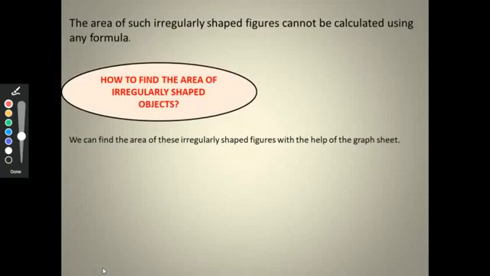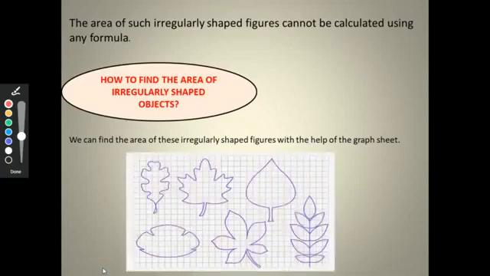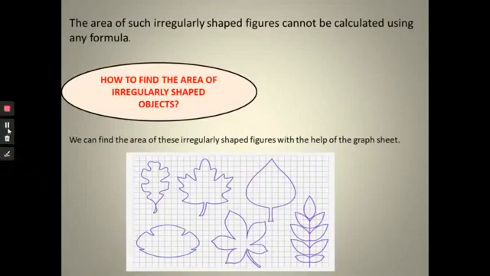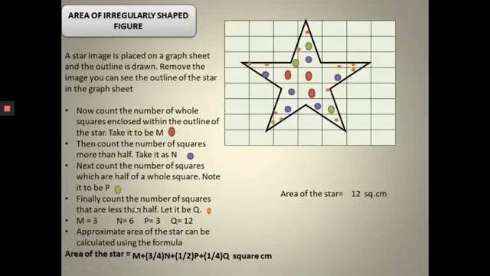We can find the area of these irregularly shaped figures with the help of the graph sheet. With the help of this graph sheet, we can trace the figures and find the areas. Area of irregularly shaped figure. To find it, the following procedure has to be followed.